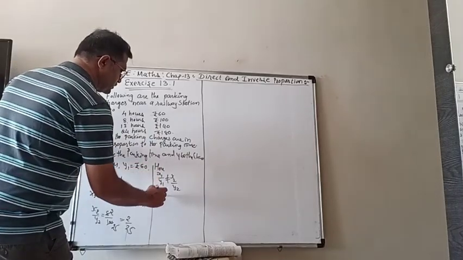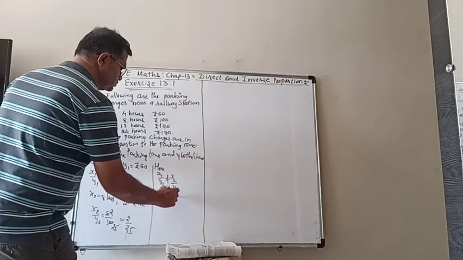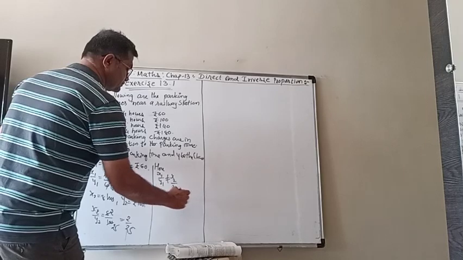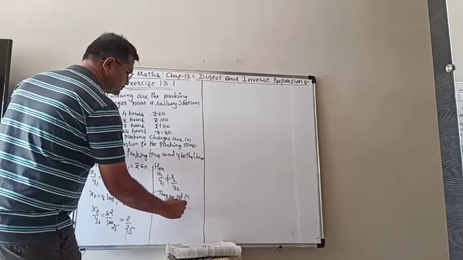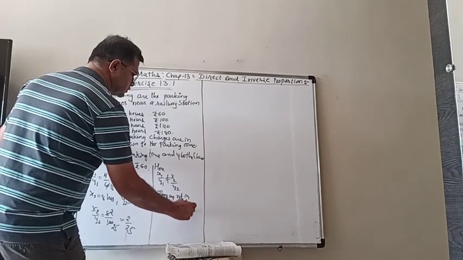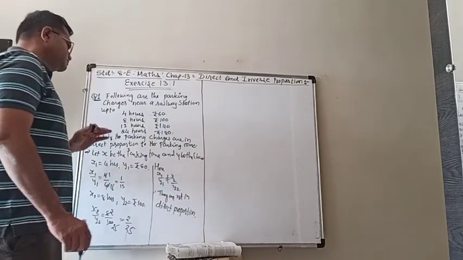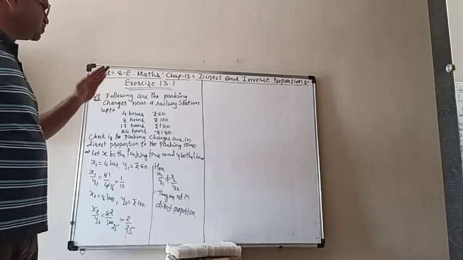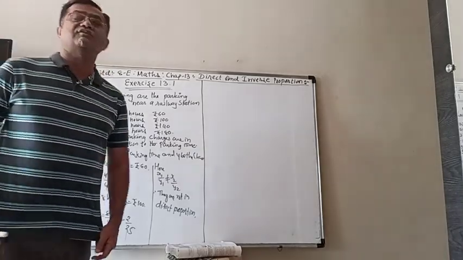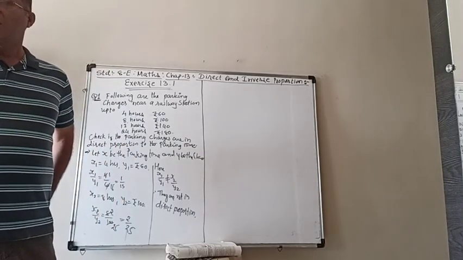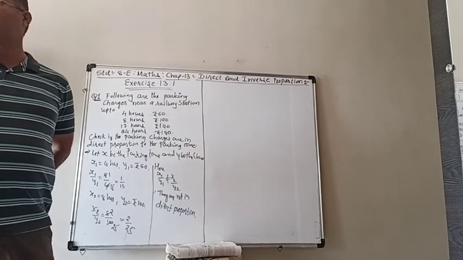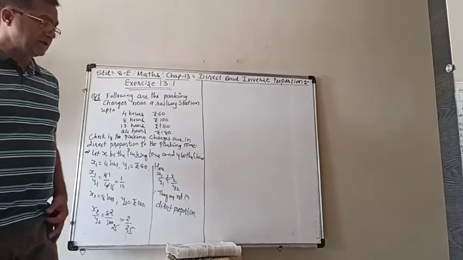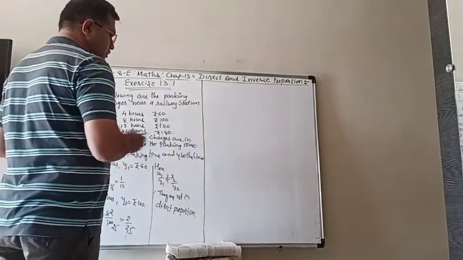Therefore, they are not in direct proportion. So here we only find out the ratios of the first two given values. If they were equal, we would have to find out the third and the fourth ratio.